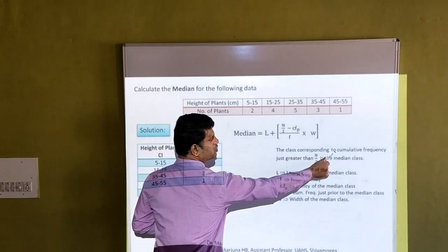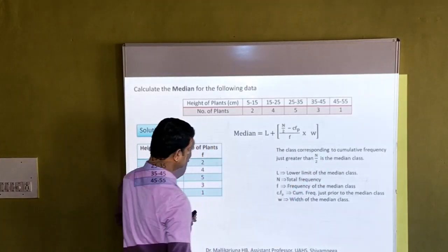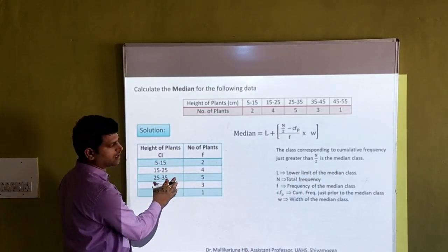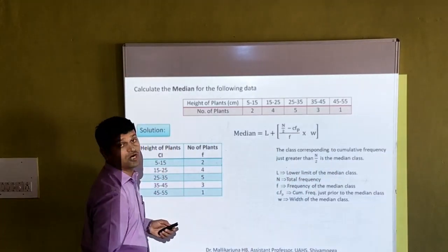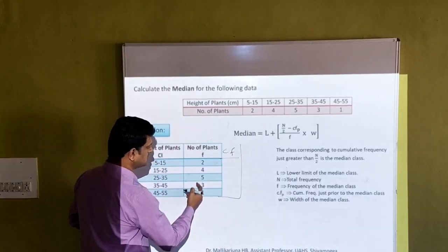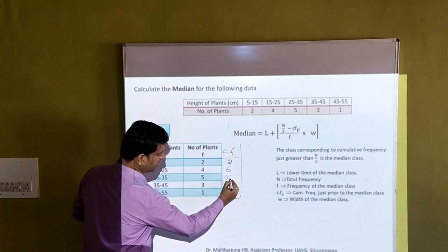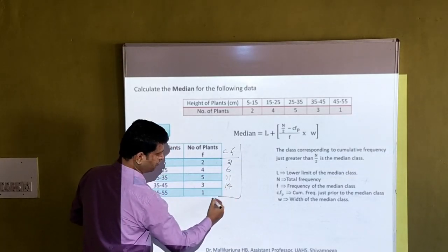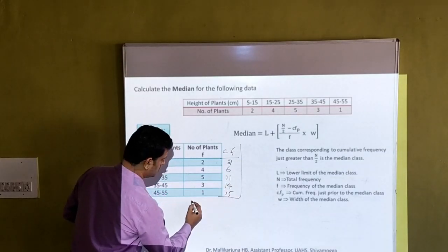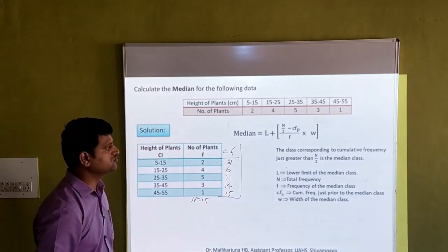The class corresponding to the cumulative frequency just greater than N by 2 is the median class. So we need the cumulative frequency first: 2 plus 4 is 6, 6 plus 5 is 11, 11 plus 3 is 14, then 15. So here capital N is 15, and the last value is also 15.